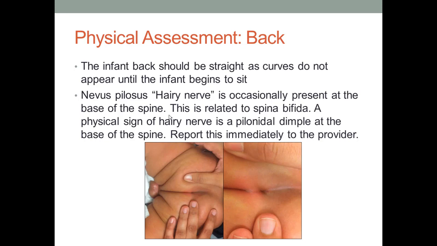These babies might actually have a pilonidal dimple at the base of their spine, whereas you can see in this picture, it almost looks like there's a hole going in right just above their little butt crack. And that's a major sign of spina bifida.